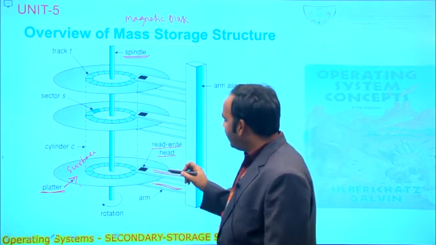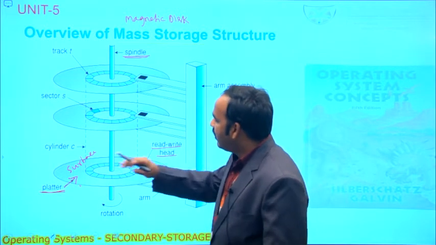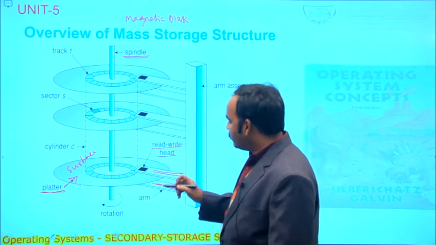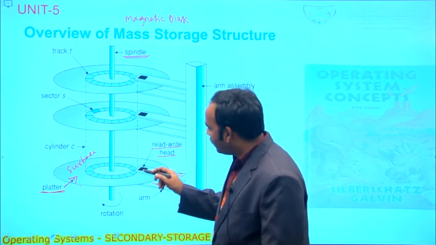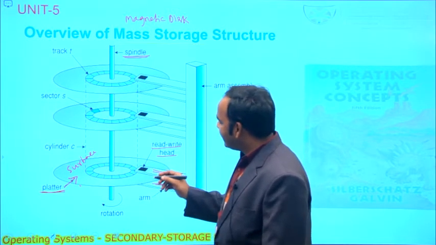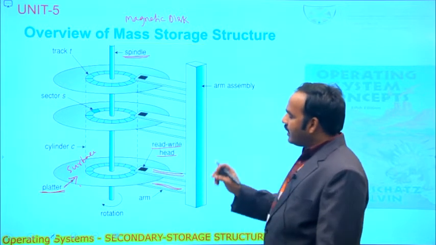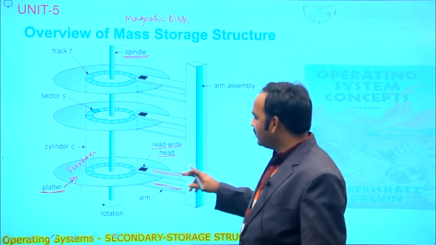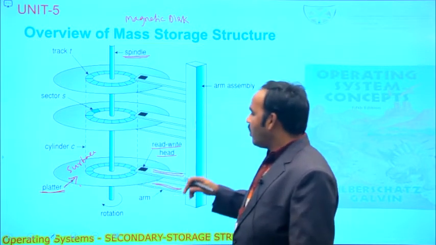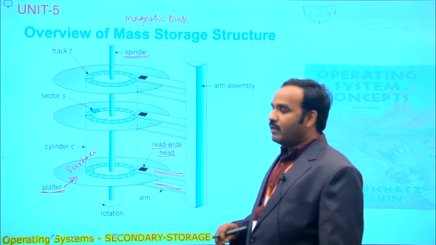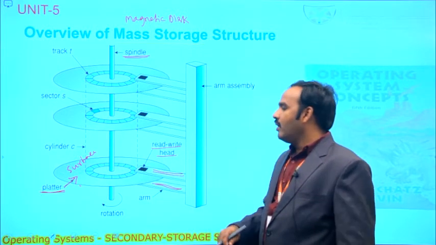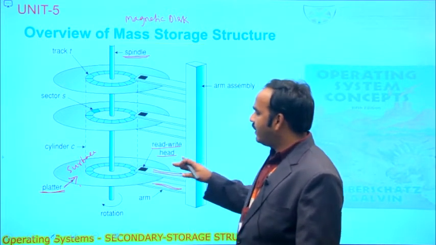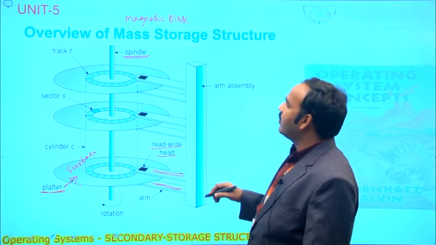This head just flies over the magnetic surface of a platter. The head does not contact the platter; there is a thin air gap between the read and write head and the platter, because the head should not touch the platter. If the head touches the platter, that accident is called a head crash, or disk crash.